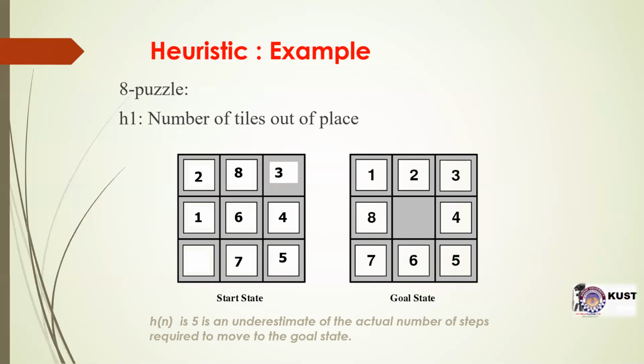This means that this arrangement will take at least 5 steps to complete. That is, the arrangement cannot be solved in fewer than 5 moves. There must be at least 5 moves to complete the task.